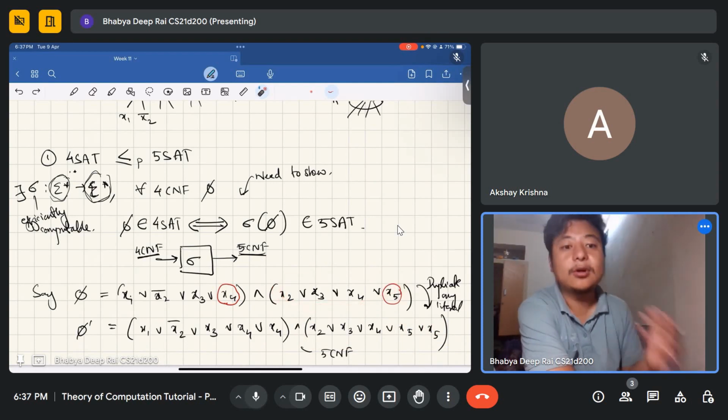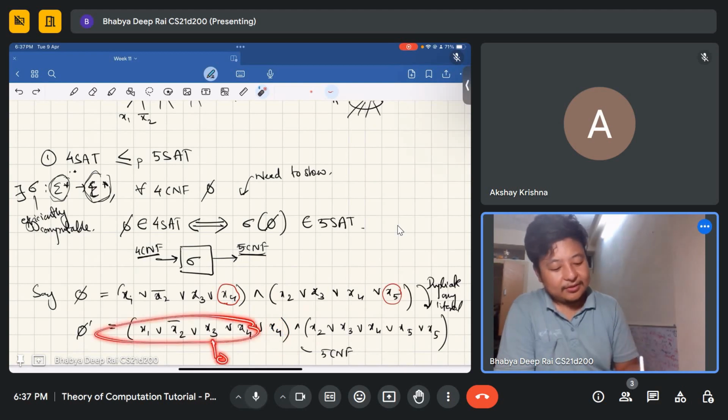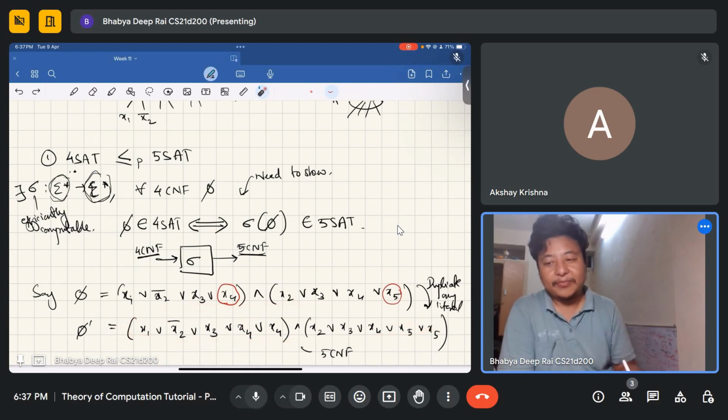But that contradicts our assumption, right? So x5 is also 0, and this chunk is unsatisfiable, so it evaluates to 0. 0 or 0 will give you a 0, and this also necessarily needs to be 0, and this chunk is 0. So 0 or 0 would give a 0, and the entire phi prime gives a 0. So if this is not satisfiable, phi prime is also not satisfiable by this duplication process.